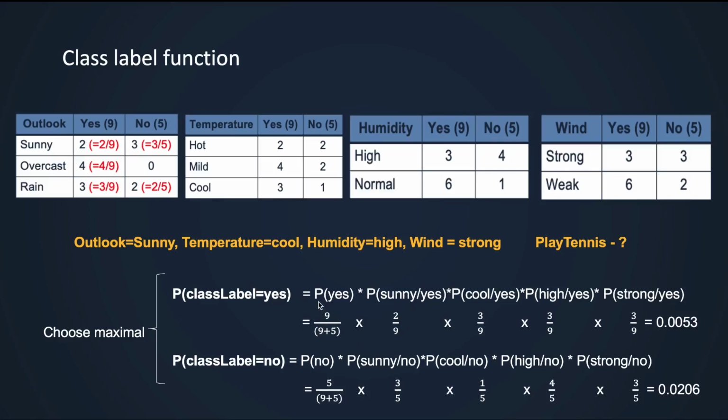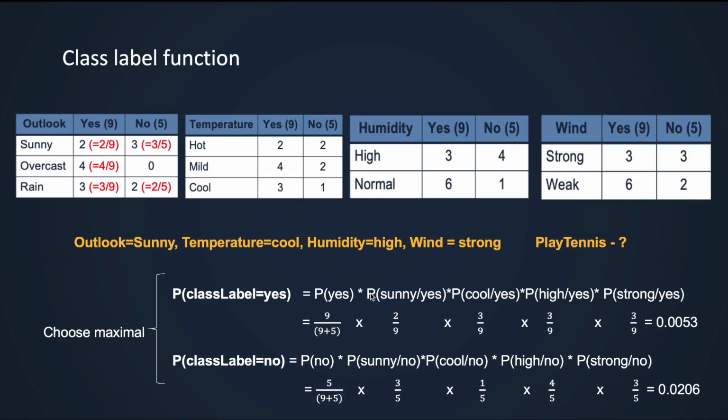Now, the prior probability of the yes class label is 9 divided by 9 plus 5, that is 14. So, this is the prior probability of the class yes. Now, let us look at the conditional probabilities of this class label yes given the attribute values such as sunny, cool, high and strong wind.